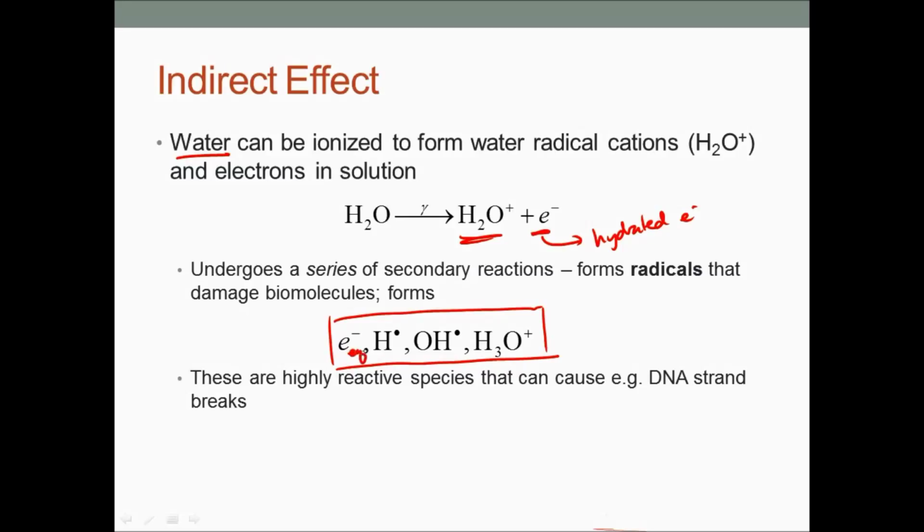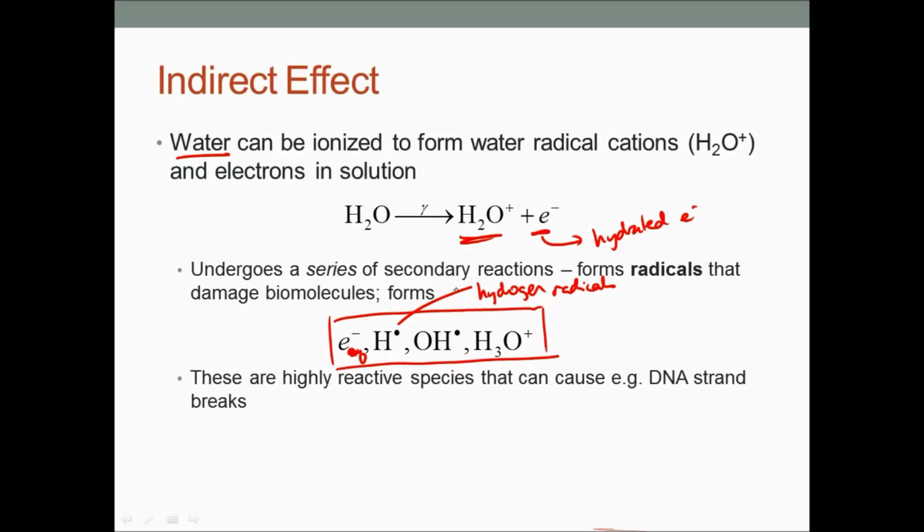So we've got the hydrated electron. We've got hydrogen radicals. And we've got hydroxide radicals. This is important because it's HO, but it doesn't have a negative charge. It is not a hydroxide ion.